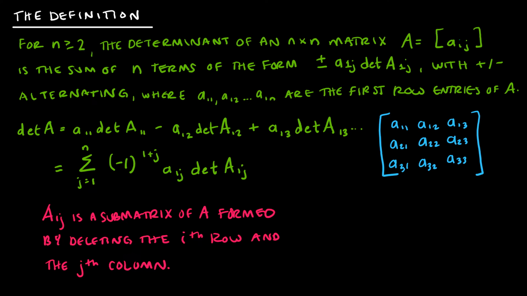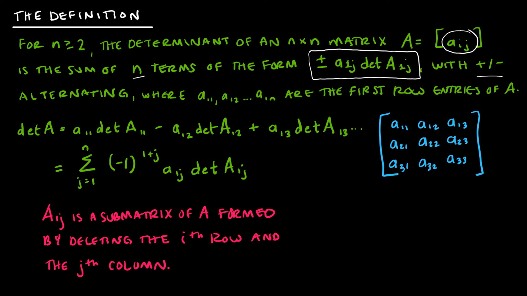The determinant of an n by n matrix, where n is greater than or equal to 2, and A is composed of all of the entries Aij, where i is the row and j is the column, is the sum of n terms of the form plus or minus A1j times the determinant of A1j. That might seem confusing because we don't know what determinant A1j means, and when is it plus, when is it minus?